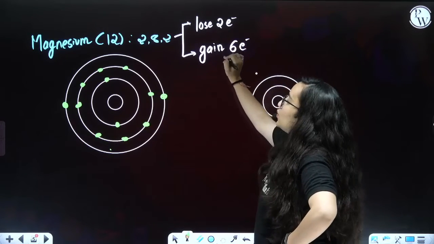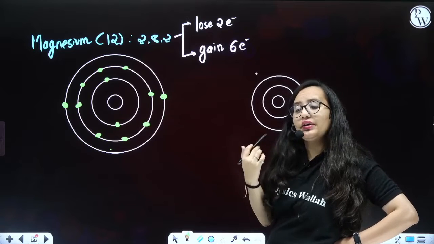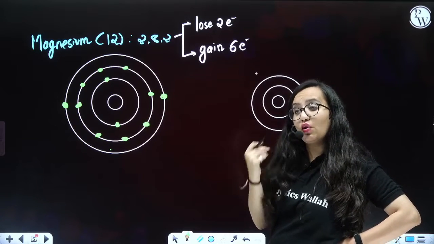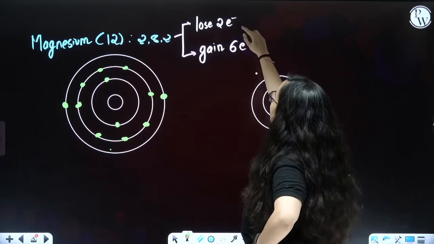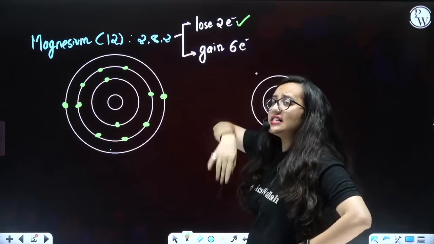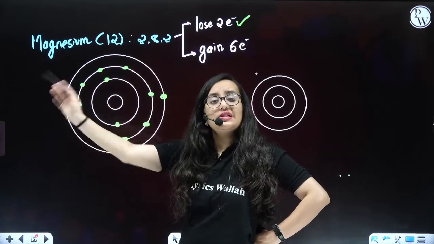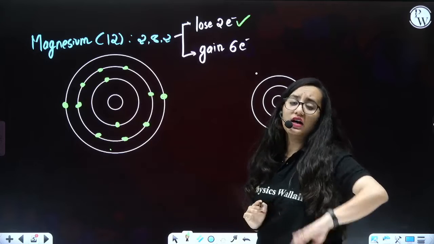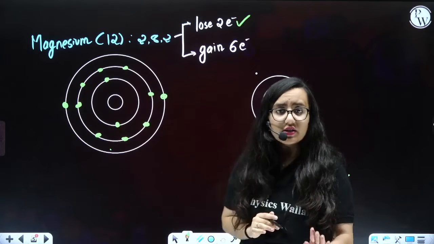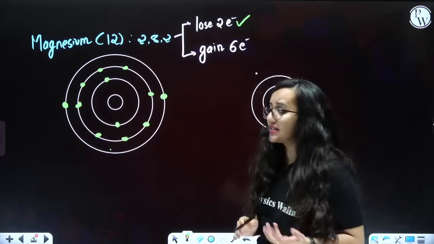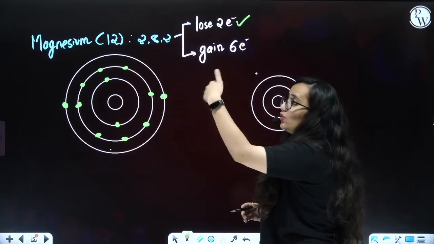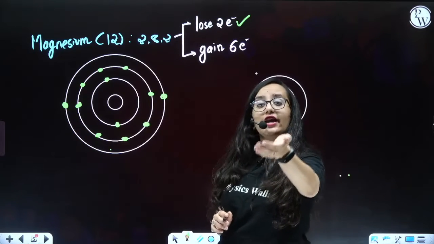So which is the shortcut method? Of course this one. It is easier to lose 2 electrons than to gain 6. Agree or not? Yes ma'am, of course, it is easier to lose 2 electrons than to gain 6.